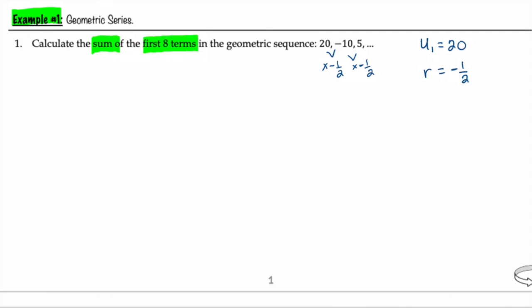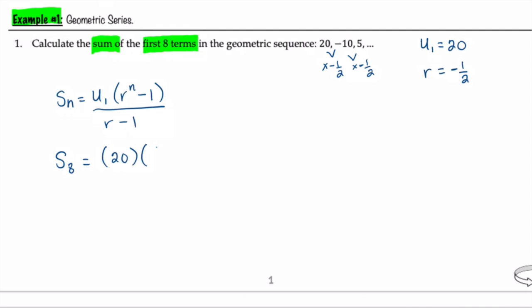So I am going to use our formula and plug in 8 for n. Now that I plugged that in, I am just going to use my calculator to evaluate this and get my sum of the first 8 terms.